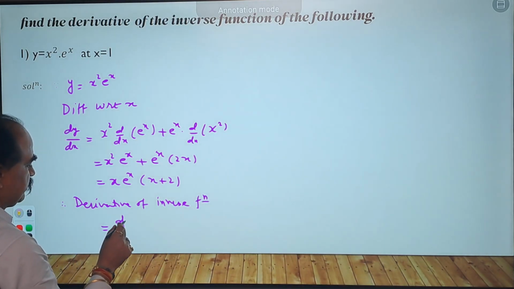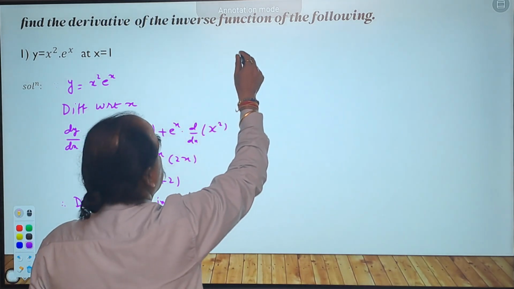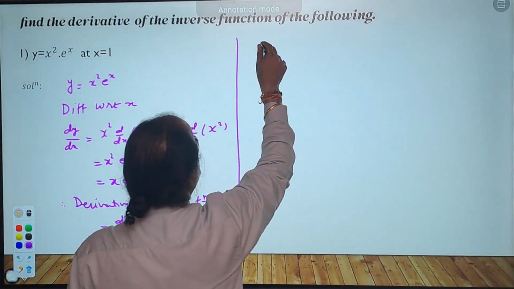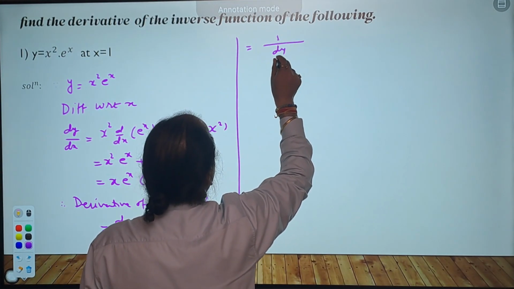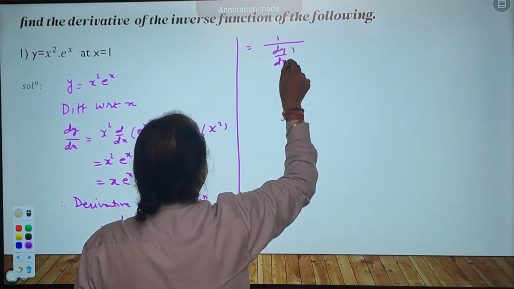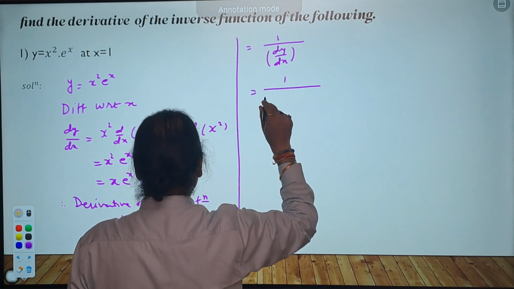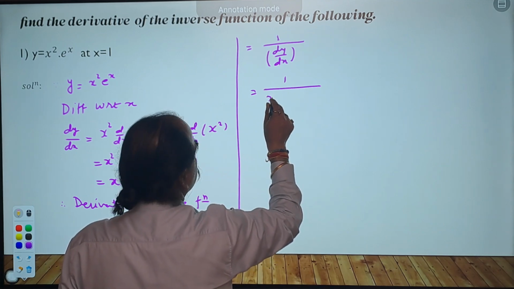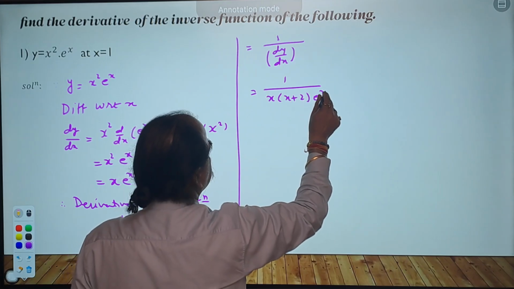is equal to dx by dy, and dx by dy is what? 1 upon dy by dx, 1 upon x into x plus 2 into e raised to x.